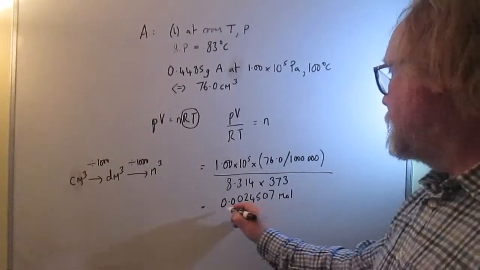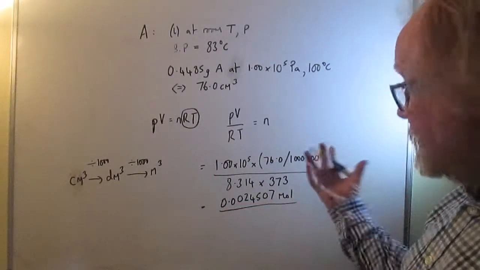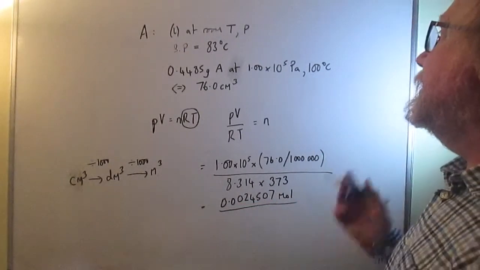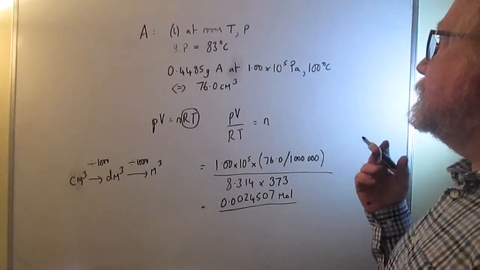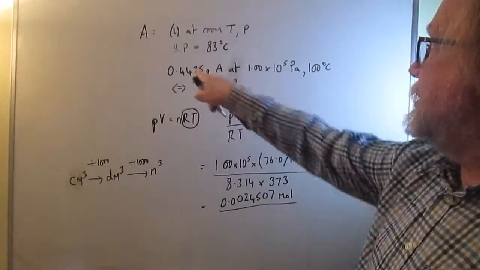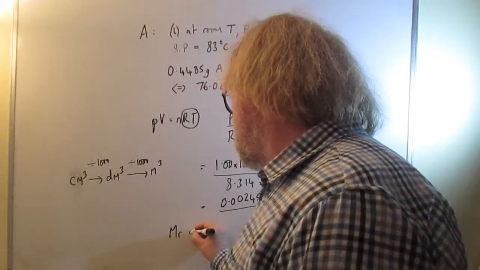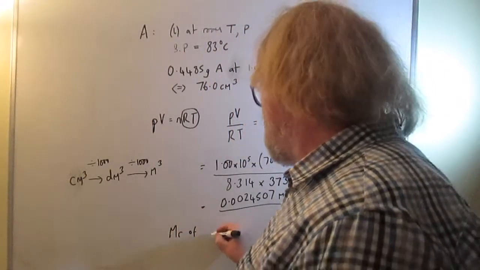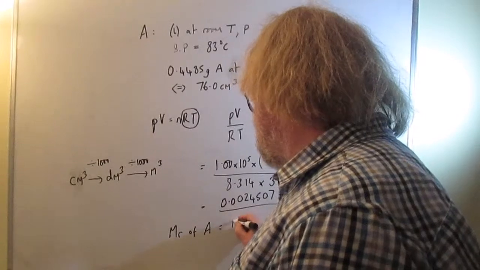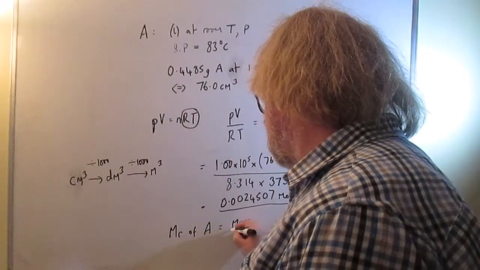Make sure that number is clearly visible in your working, because that's going to get you some credit. And then we think, right, we know the moles, we also know the mass, so we can work out the Mr of compound A, which is mass over moles.